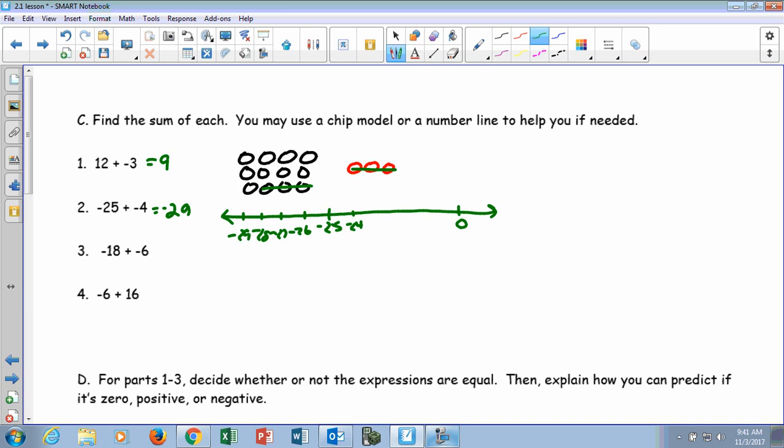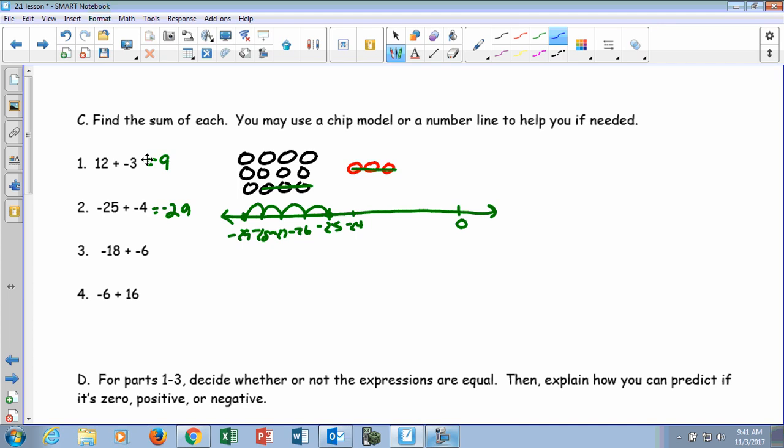If I'm adding a negative number, right, I'm going left, right? 1, 2, 3, 4. So negative 29 is our answer, right? If we're adding a positive number, then we go to the right. What about number 3?